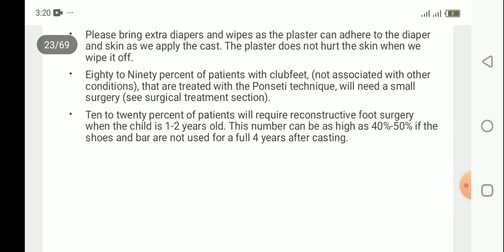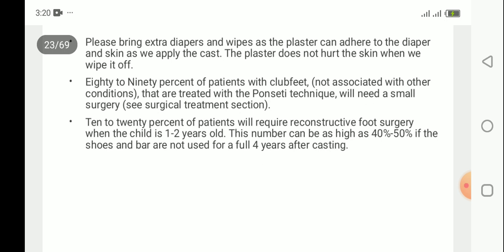And at this time the baby should have extra diapers and wipes, as the plaster can adhere to the diaper and skin can be applied to the cast. 80 to 90% of the patients with club foot will be treated with the Ponseti technique, and some of them need a small surgery, and 10 to 20% of patients will require reconstructive foot surgery when the child is 1 to 2 years old.